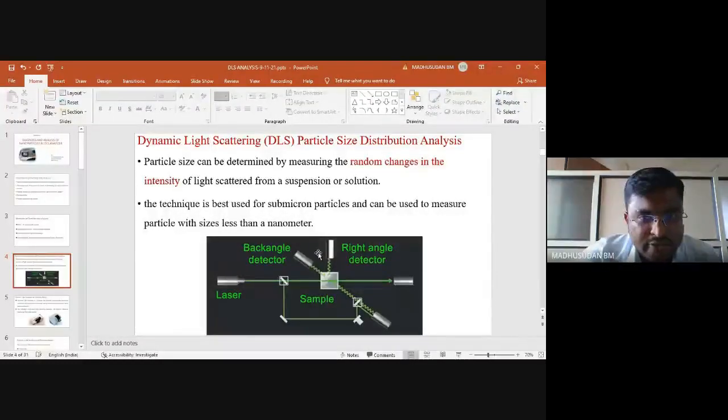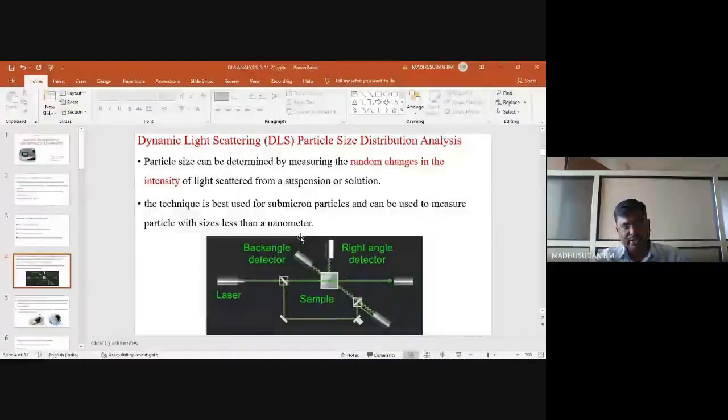Dynamic light scattering size distribution is often used for the characterization of submicron level particles. Any kind of sample, wet sample, dry sample, or a biological sample can be characterized with the help of this. This technique consists of a laser source and a detector, which is provided here on either side of this sample chamber, that captures the scattering intensity of the laser coming out of the chamber.